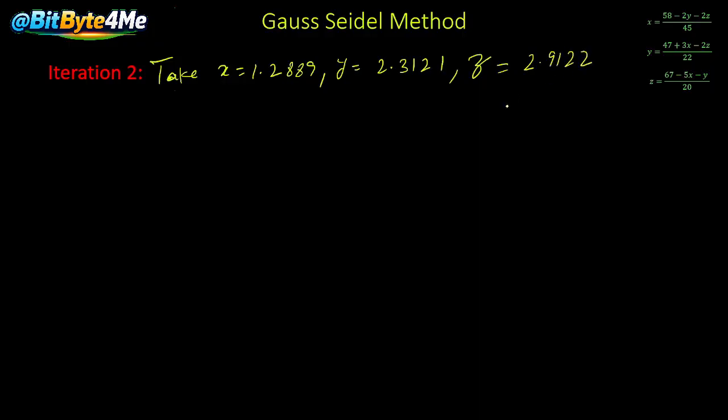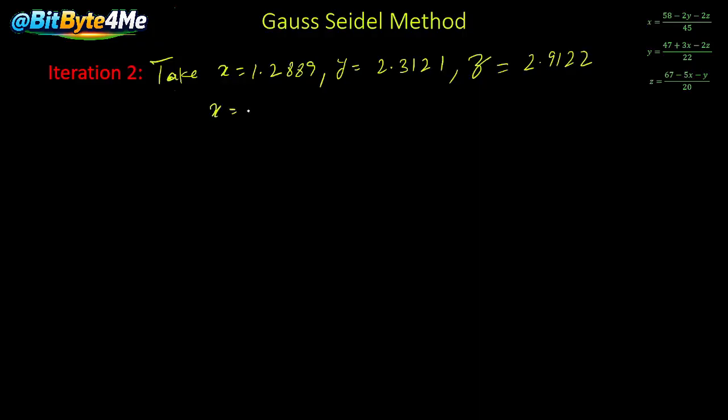So iteration 2, take x is equal to 1.2889, y is equal to 2.3121 and z is equal to 2.9122. So these three values will be used to calculate the new values of x, y and z.